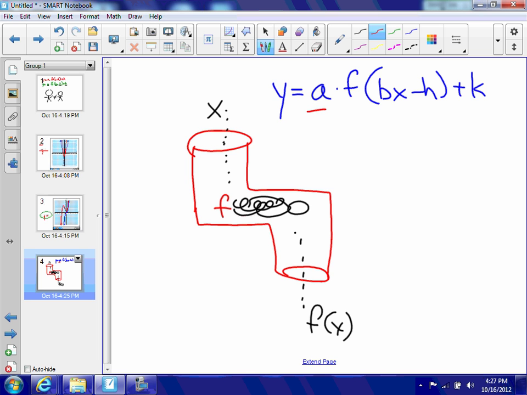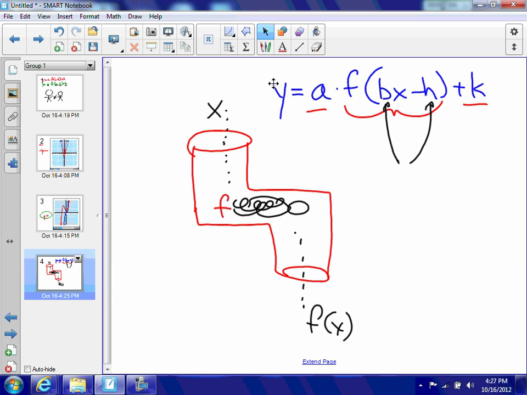One is that the a and the k are outside of the function. Well, outside of the parent function. The b and the h are inside. So that's going to make a difference as to how we look at these transformations.